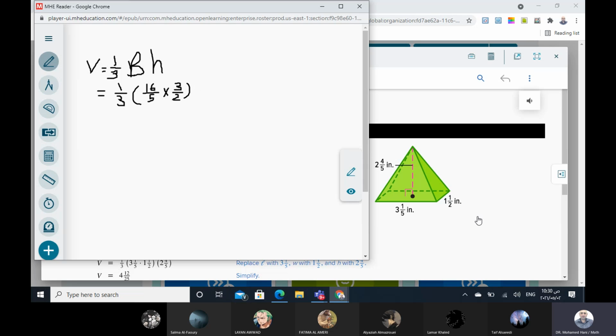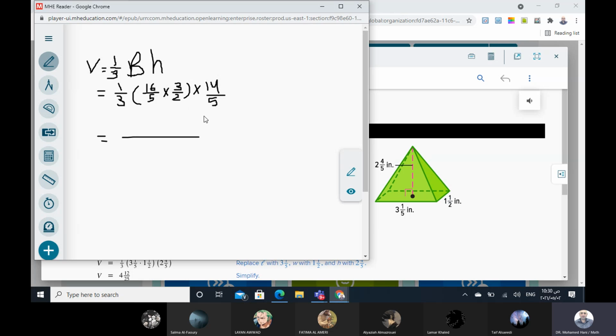Multiply by the height of the pyramid. This is the height of the pyramid, it will be 2 and 4 over 5. Change it to a fraction: 2 times 5, 10, 10 plus 4, 14 over 5. Now here we want to multiply 4 fractions.